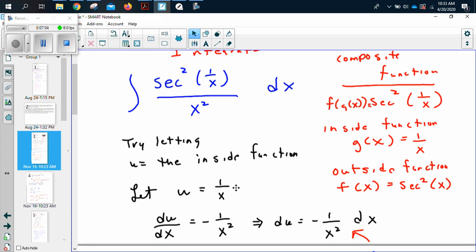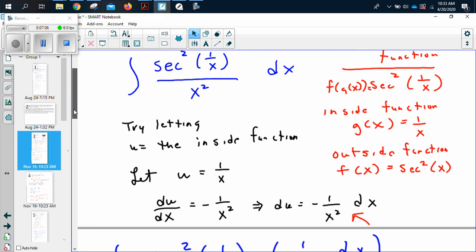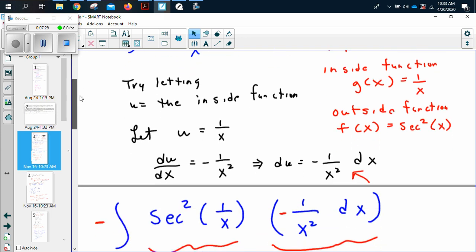If we let u be 1 over x, the derivative of u, because this is x to the negative 1, would be negative 1 over x squared, and if I do my little cross multiplication, my du will be negative 1 over x squared dx. Well, now look, I have a 1 over x squared in the integrand, so I just need to multiply by a negative. So let's see how that's going to look.